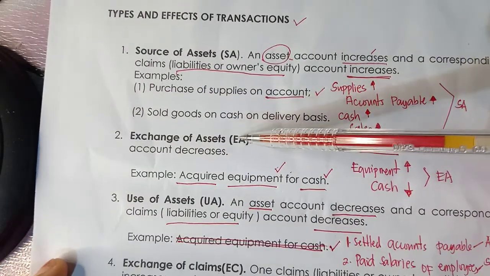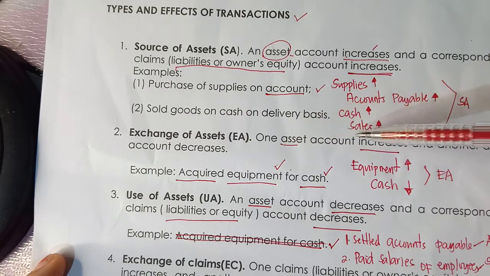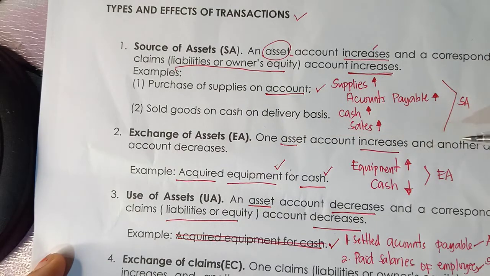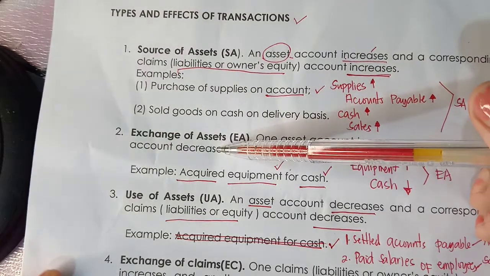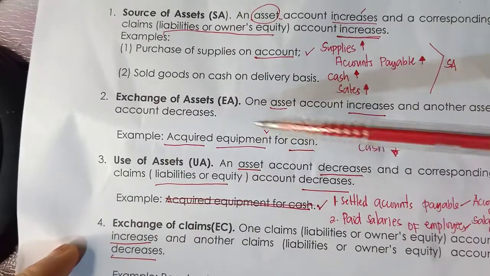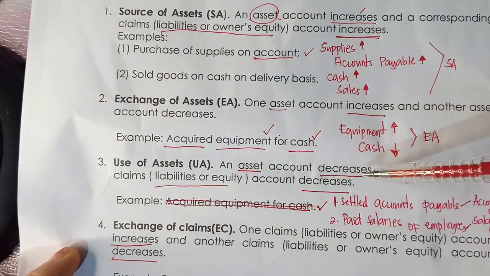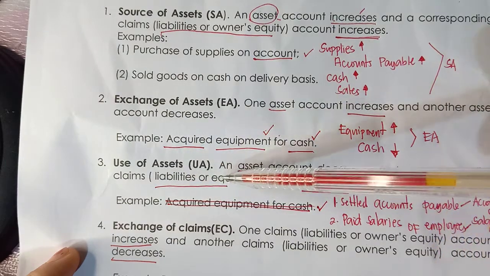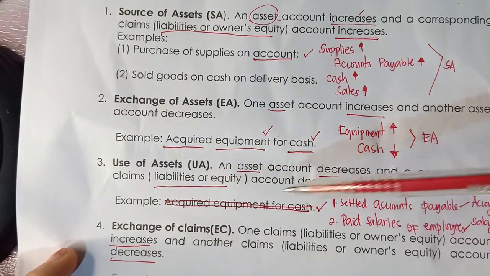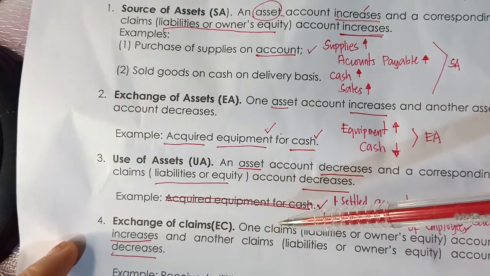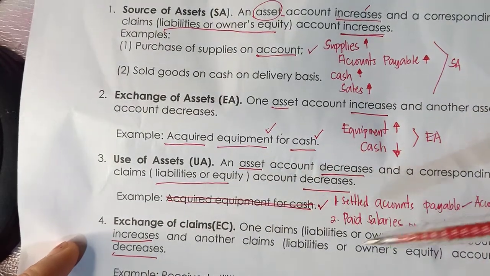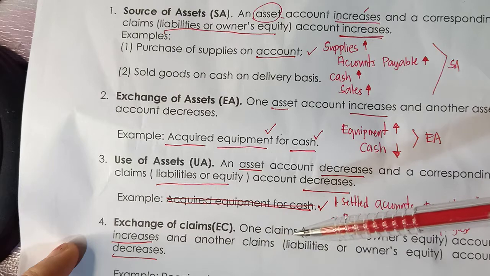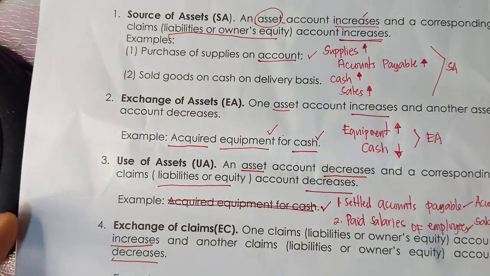When we say exchange of assets, one asset account increases and another asset account decreases. Use of assets, an asset account decreases and a corresponding claims, liabilities, or equity account decreases. Exchange of claims, one claims account increases and another claims account decreases.